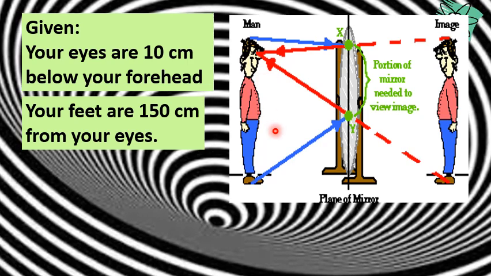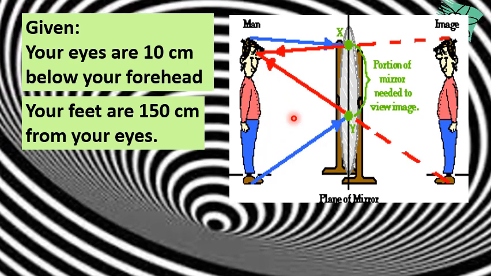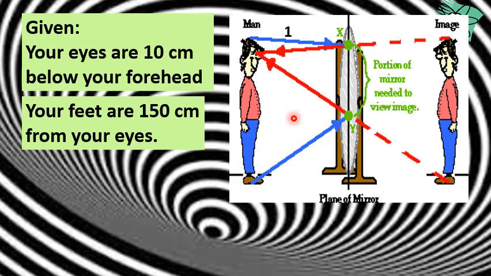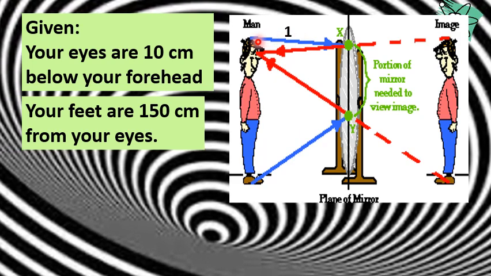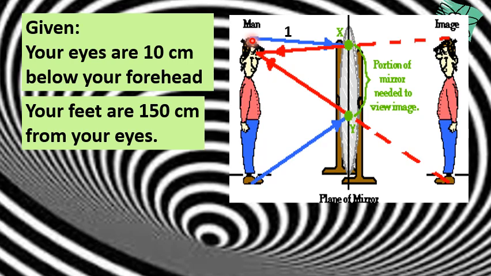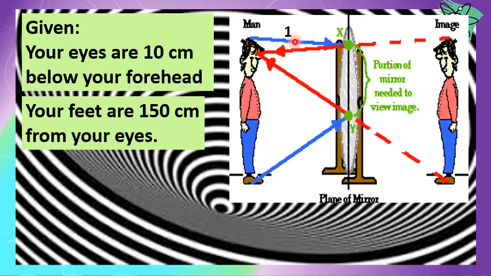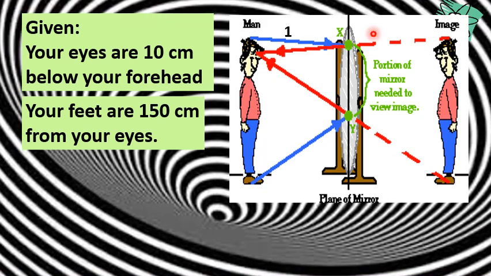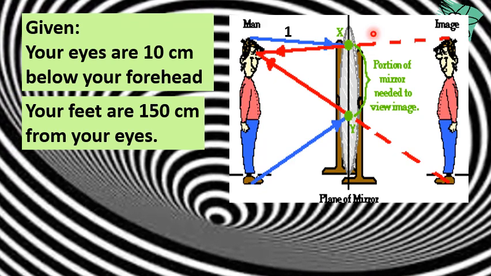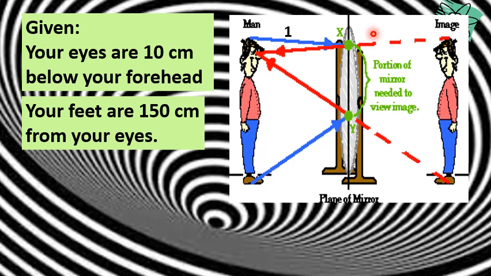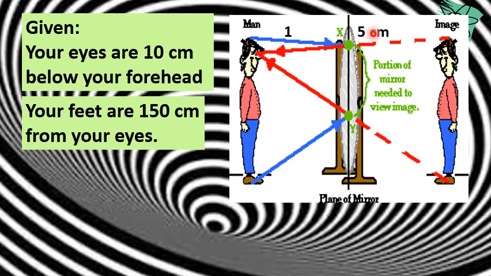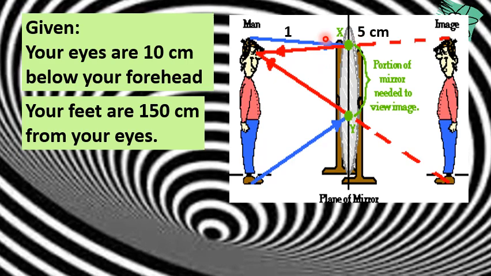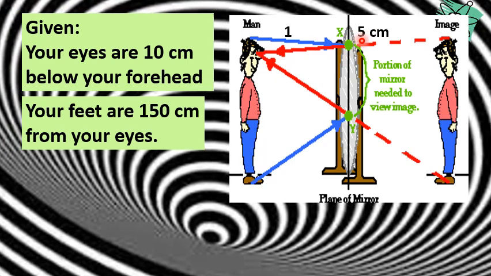But for simplicity, we'll just choose an incident ray such as incident ray number 1, coming from your forehead. When it strikes the plane mirror exactly at the midpoint of the distance from your eye level to your forehead, that's exactly 5 centimeters.